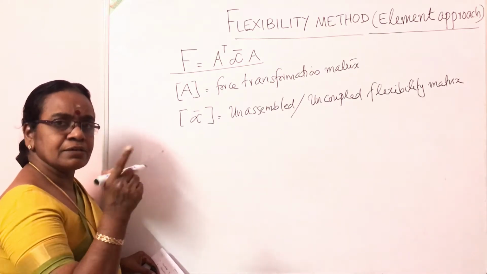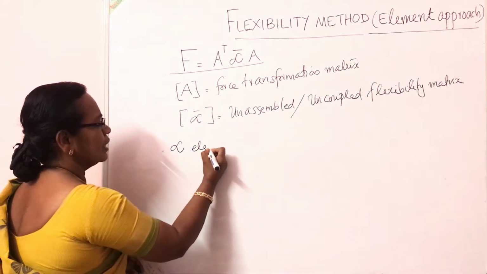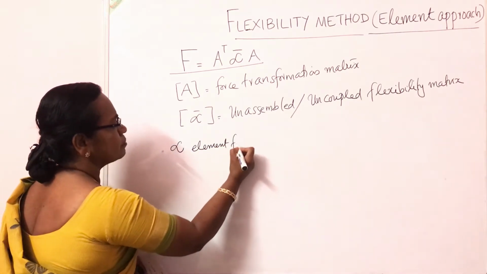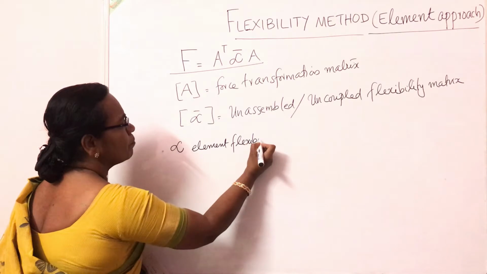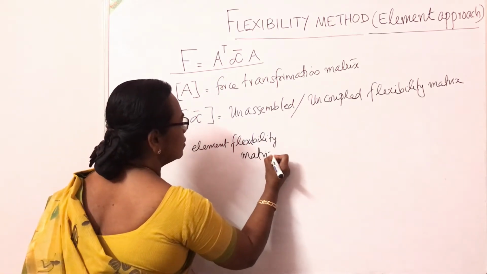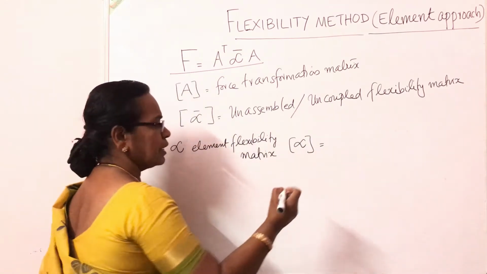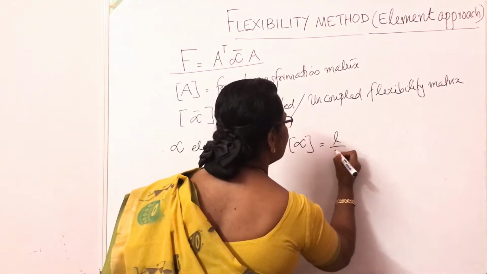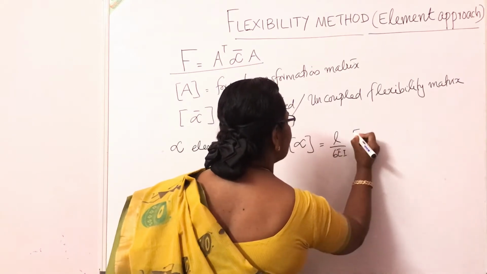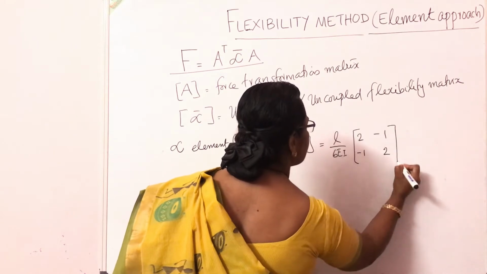We have derived the element flexibility matrix. Alpha for a beam element is L by 6EI into [2 minus 1; minus 1 2].